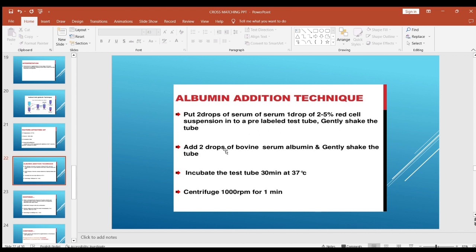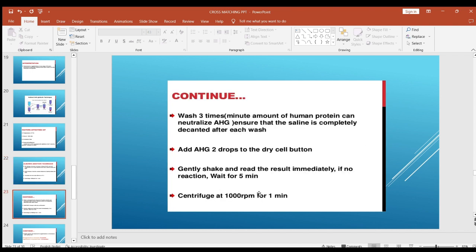Next we have to add 2 drops of bovine serum albumin and gently shake the test tube, which is incubated for 30 minutes at a temperature of 37 degrees centigrade, and centrifuge the test tube at 1000 rpm for 1 minute.